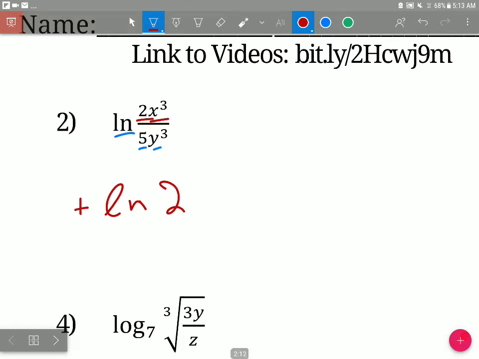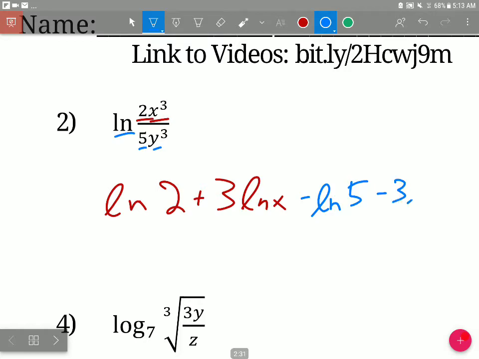You don't have to write the plus, but it's the x to the third. Well, the 3 goes out front, just like that. The negative ones that are on bottom, okay, so negative ln of 5. And then the y, negative 3 ln of y. You can do these in one shot. Cool?